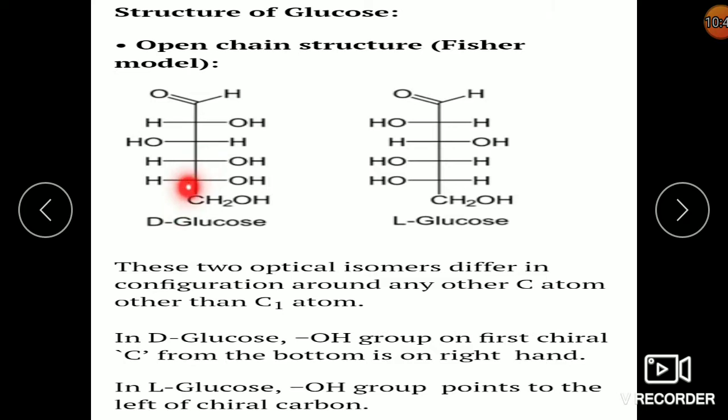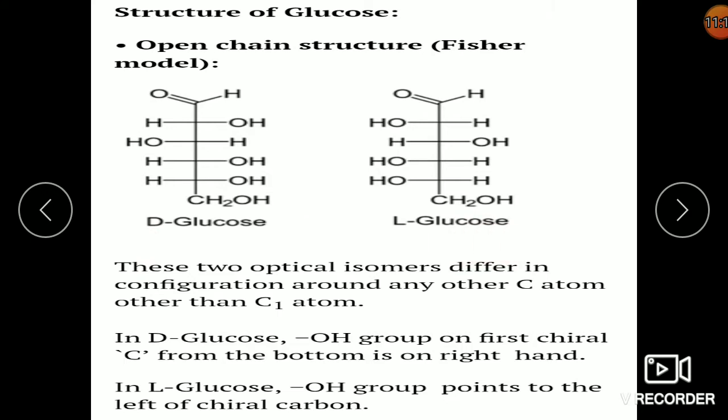Now at the first chiral atom from the bottom, when the hydroxyl group is on the right hand side, that isomer is called the D isomer, and if the hydroxyl group is on the left hand side, then that isomer is termed the L isomer. So in the open chain structure of glucose we get two isomers, D-glucose and L-glucose.